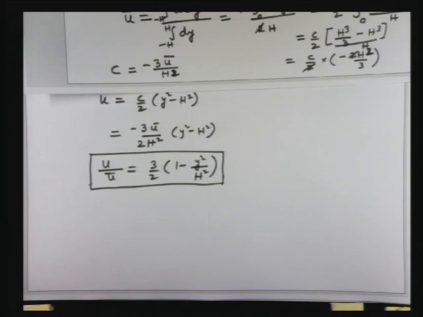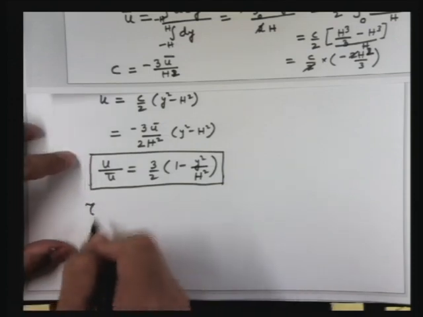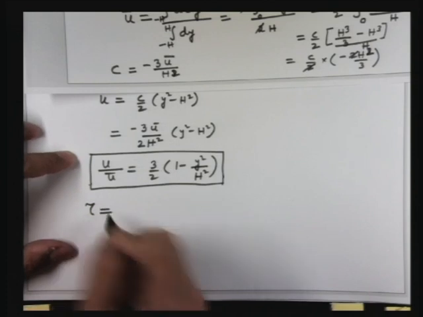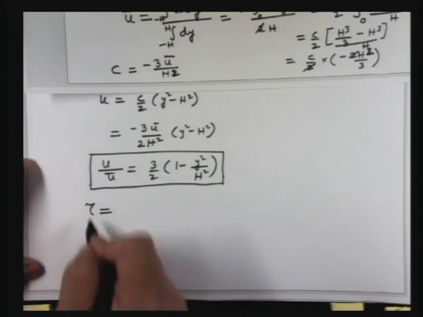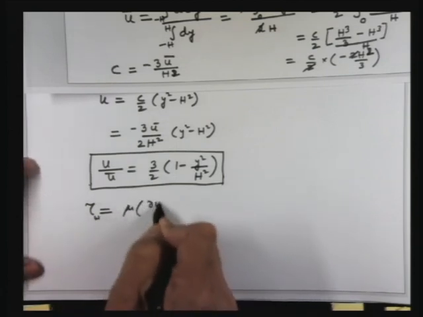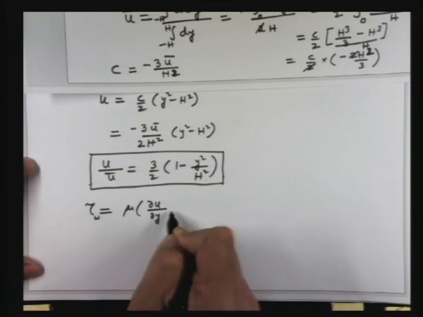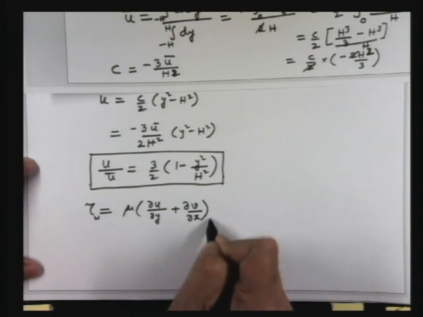Finally, we will conclude by calculating the wall shear stress. So what is wall shear stress? So tau wall is equal to mu into del u del y plus del v del x at the wall.